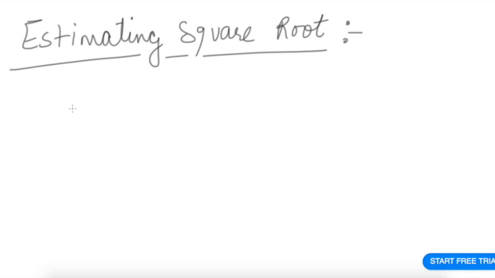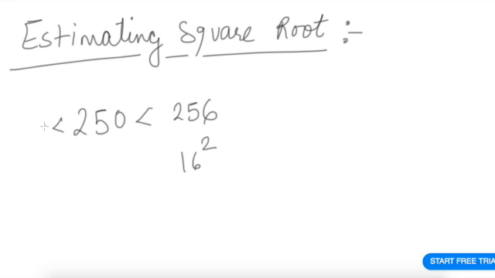What does estimating square root mean? If somebody gives you the number 250, is it a square number? We don't know. But which should be the square root closer to 250? A number just greater than 250 would be 256, which is 16 squared.